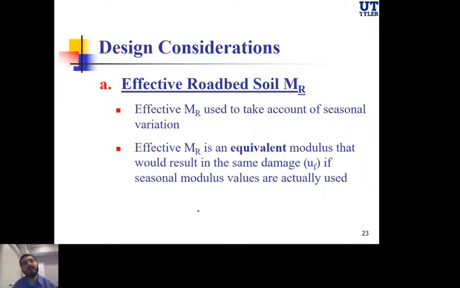Another will say, how about the maximum value or somewhere in between? I would agree with the one that said yes, somewhere in between. And this is what we call the effective roadbed soil resilient modulus. It's an equivalent modulus that would result in the same amount of damage as if the seasonal modulus values were actually used.